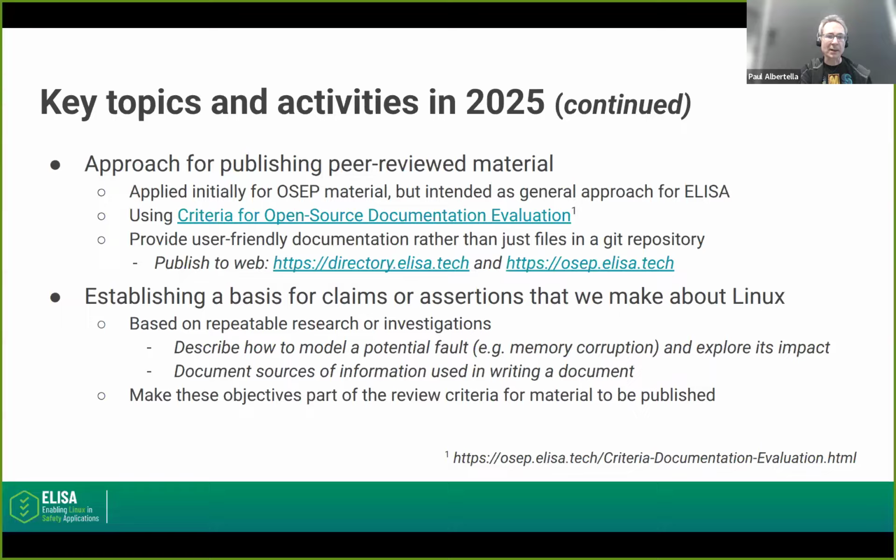As part of that, we have a set of criteria for evaluating open source documentation, which is part of the OSEP documentation site. And we also came up with a way to provide user-friendly documentation in the form of a website rather than just files in a Git repository. You can see this on the ELISA directory, and you can also see it on the OSEP site as well.